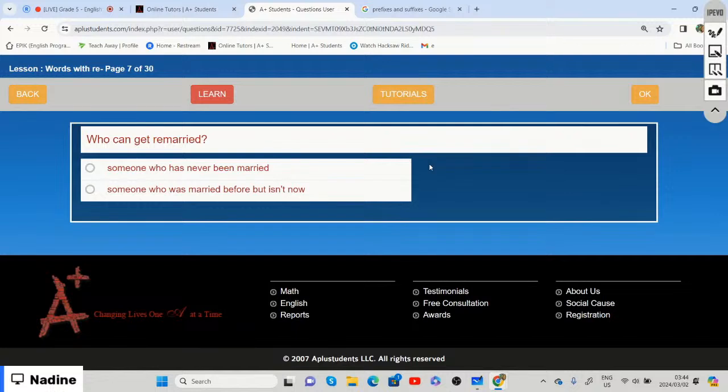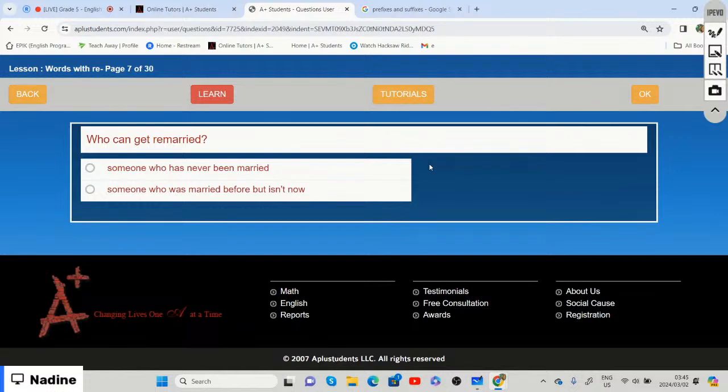Who can get remarried? Is it someone who has never been married or someone who was married before but isn't now? Remember, you can only marry again when someone was married before, right?